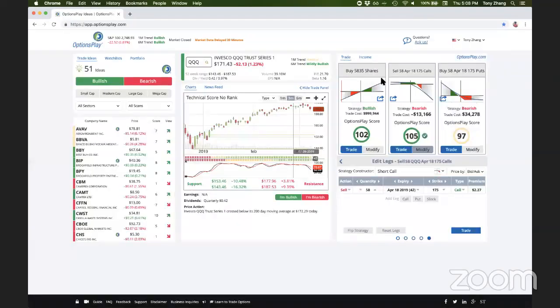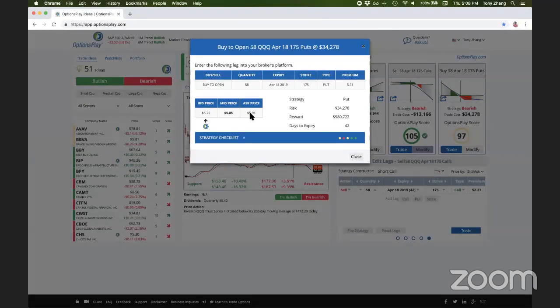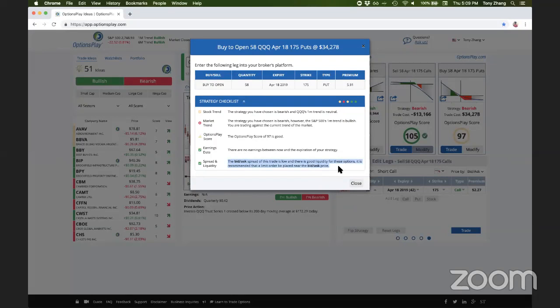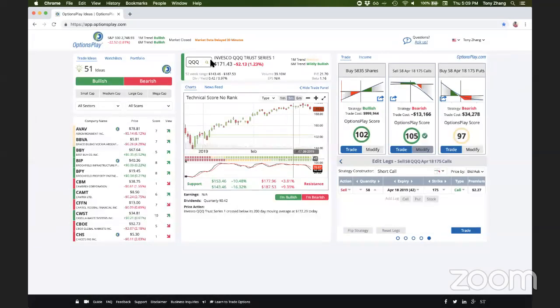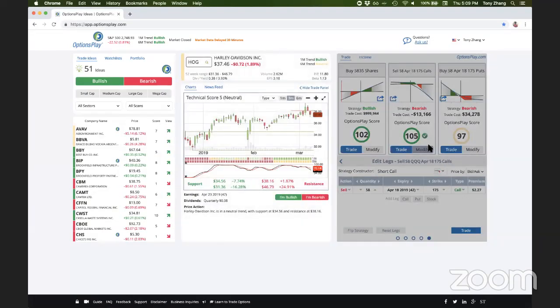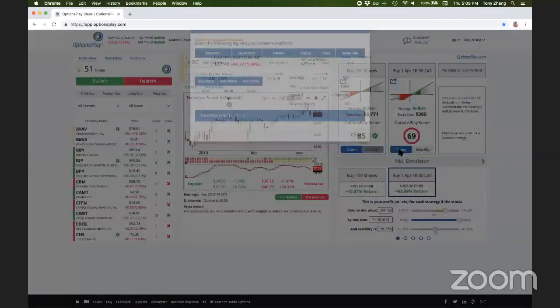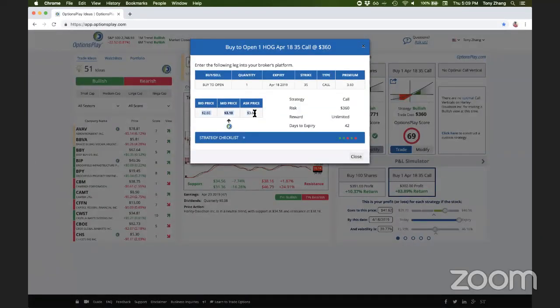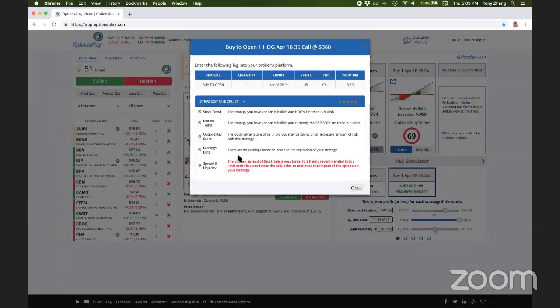So for example, here for QQQ, you'll see that it has very tight spreads between 579 and 591. So that's why you have very good liquidity. But if we move over to something like Harley Davidson, a relatively small cap stock, and you go to trade, as you can see, this is trading at 260 by 360, which is a much wider spread.